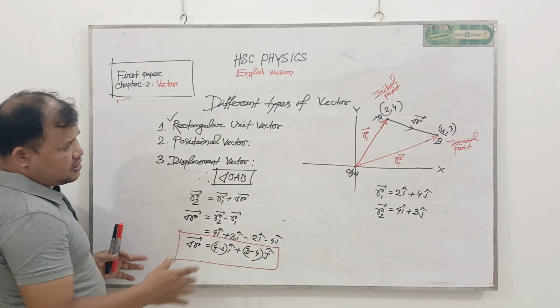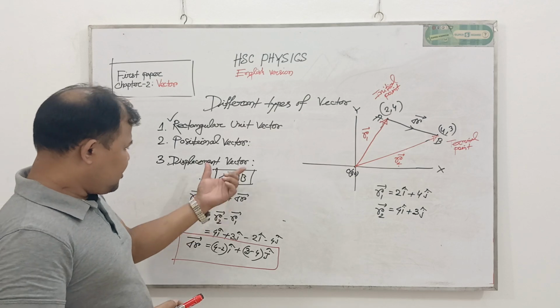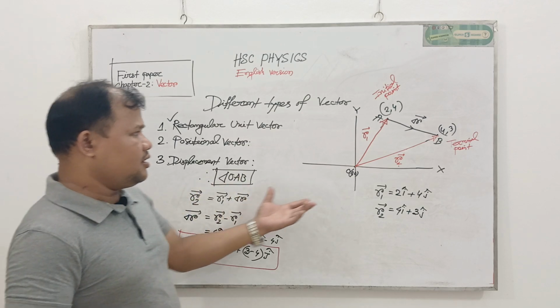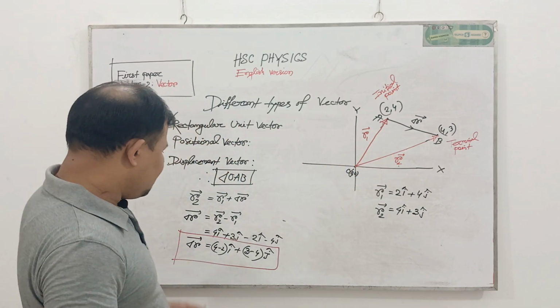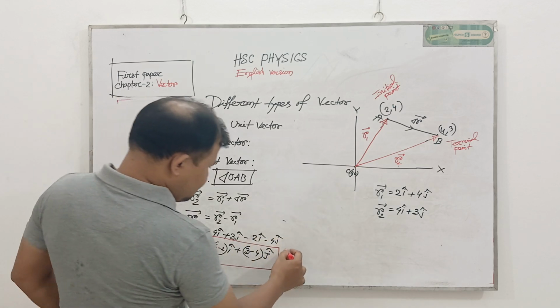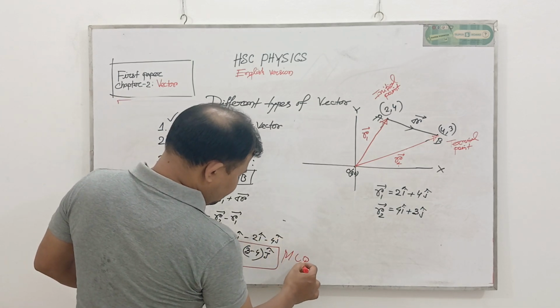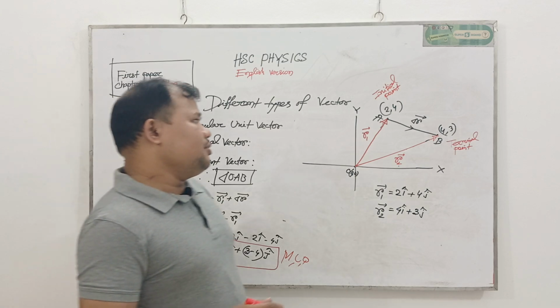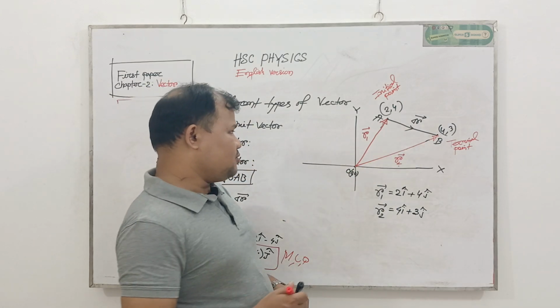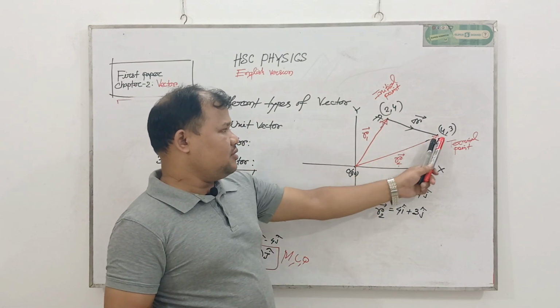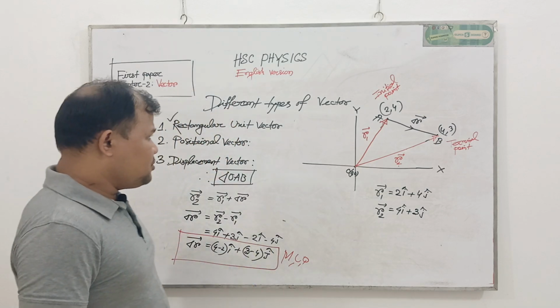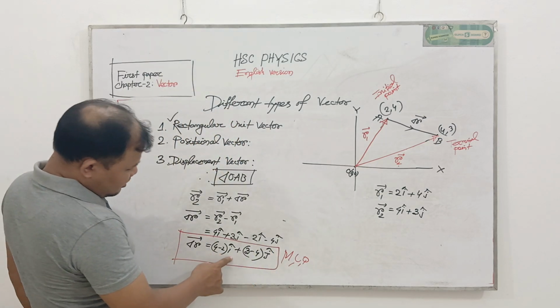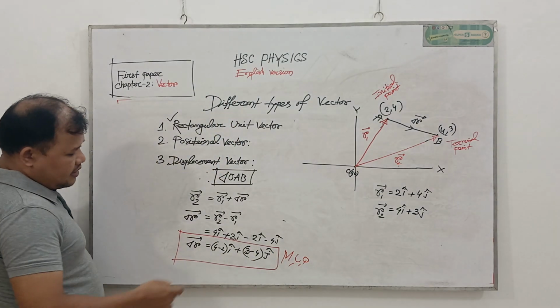After solving the written problem, we must write this triangle law. But if we solve an MCQ, then we can use this law to find any kind of vector. If we want to find the displacement vector, as we know this is the initial point and this is the terminal point, just see this formula very deeply and carefully.